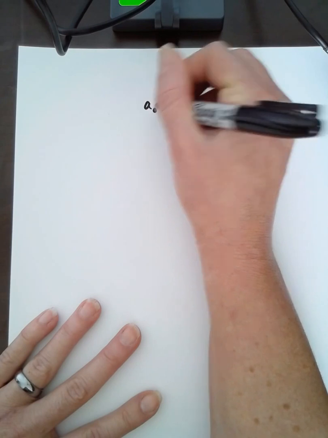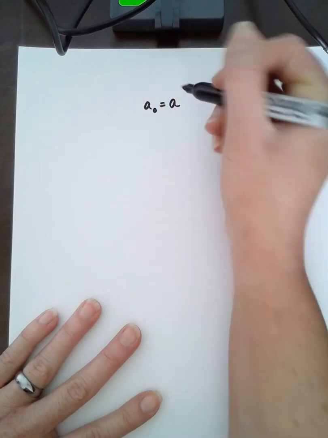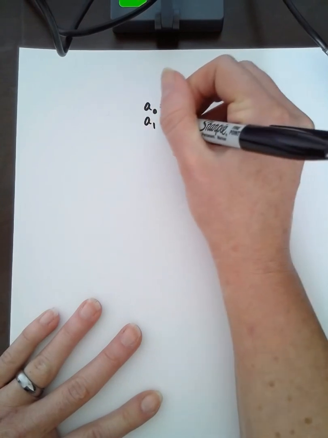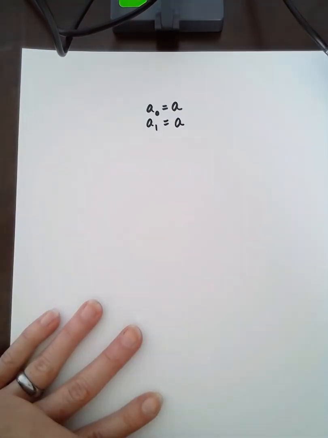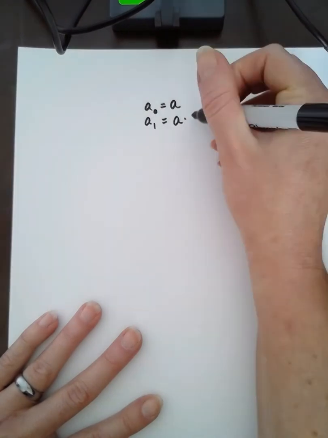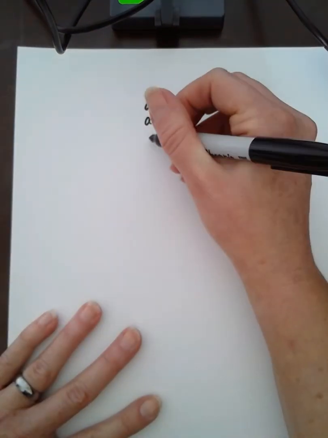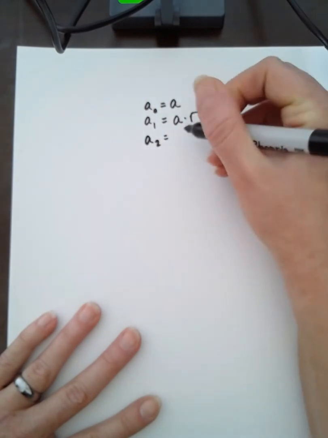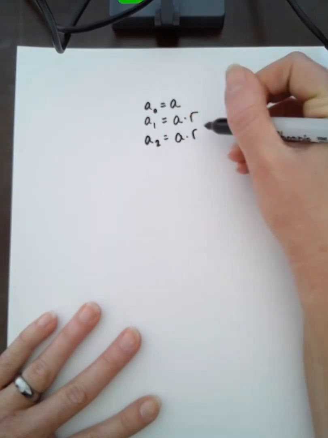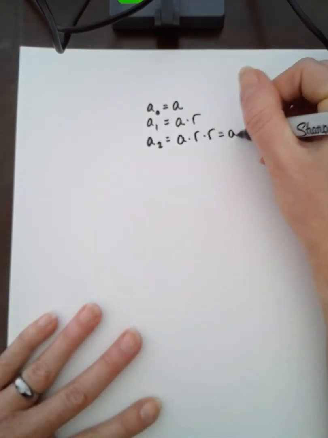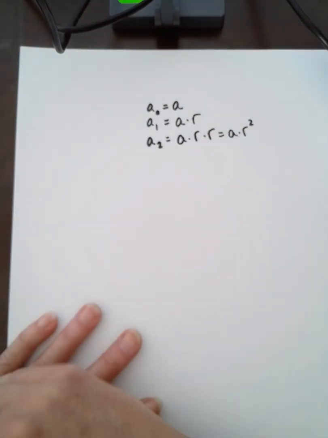So a sub 0 is going to be the first term, a sub 1 is going to be that first term in the sequence times the common ratio r. A sub 2 will be a times the common ratio, which would be a times r squared.